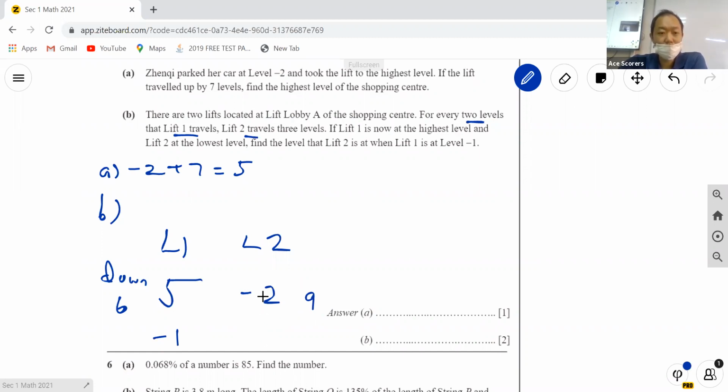It cannot keep going down, so you go up. When it goes all the way up to level 5, it will be 7 already. Then we still have 2 more to go. So from 5 minus 2, the answer is 3.